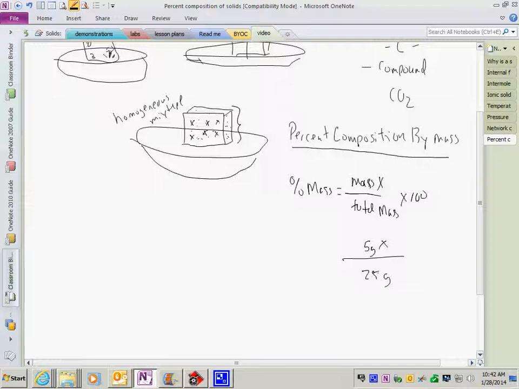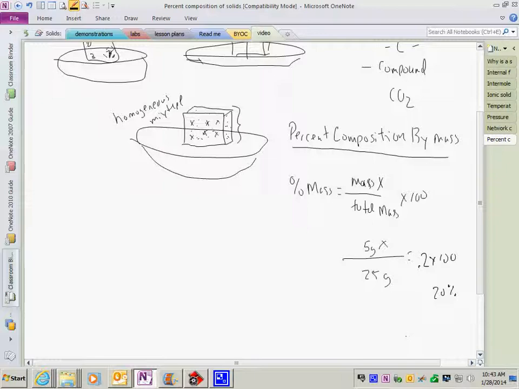Therefore, 5 divided by 25, well, it goes into it 5 times, so it's actually 0.2, times 100 equals 20%. So that means of the total mass, 20% of it is due to X. The other 80% is due to the other materials in it.